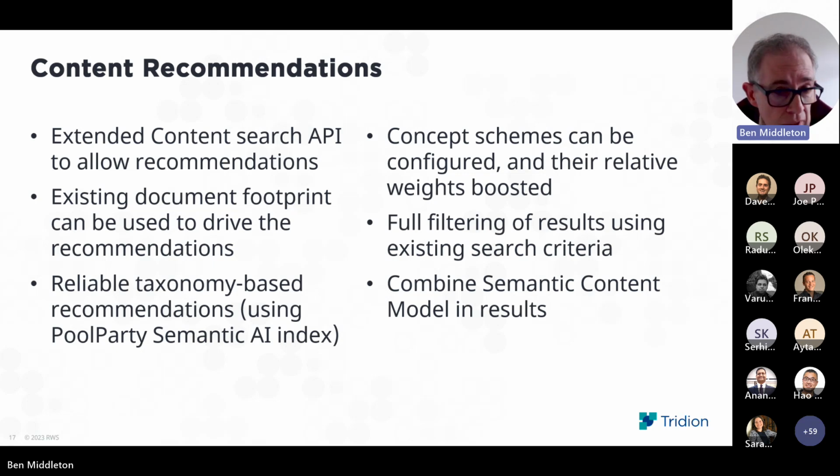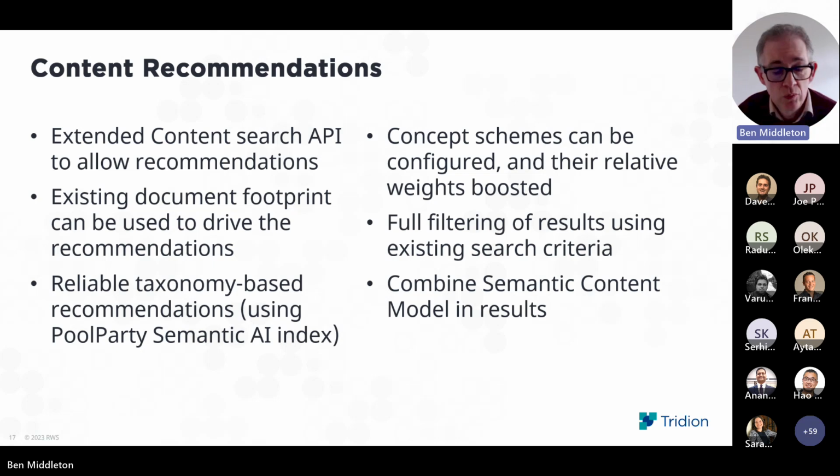You can use multiple concept schemes, which is essentially the fields, if you like, that you map within Tridion Docs to a particular facet. You can boost individual weights on each of those schemes, and I'll talk a little bit about that in the demo. We also allow you to provide full filtering of the results using all our existing search criteria.